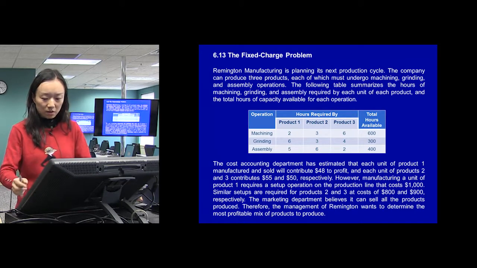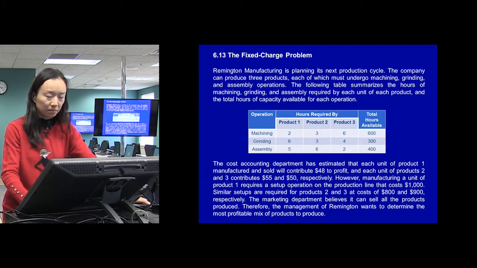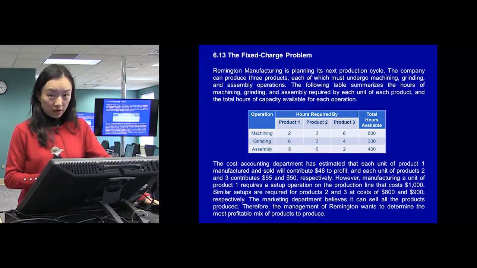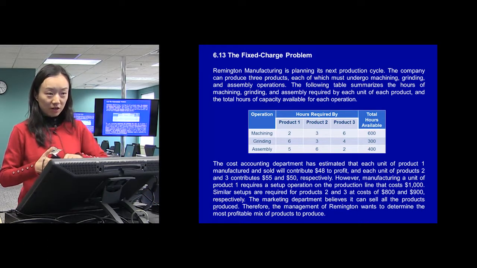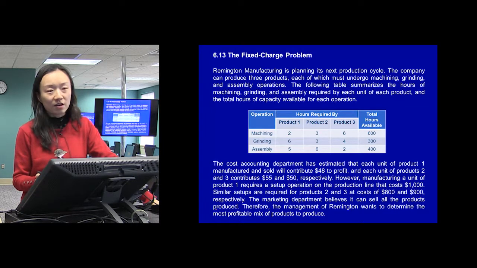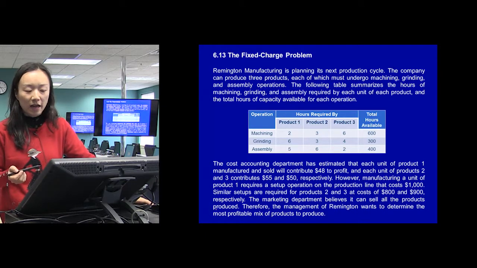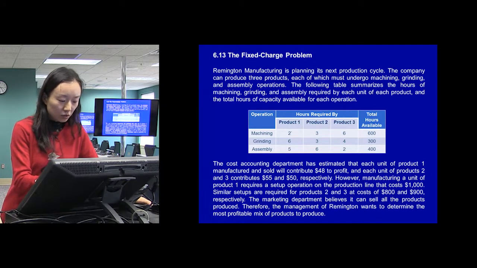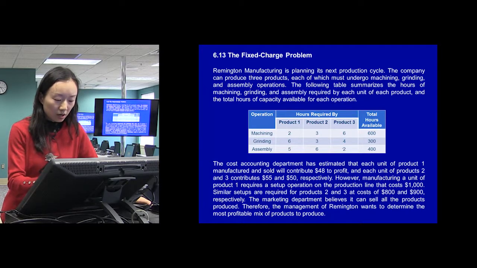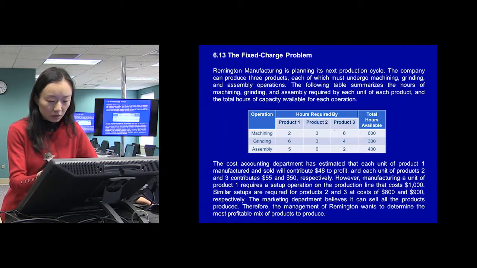For this problem, I'll ask you to read the problem statement very quickly, and then we'll talk about it together. Since I finished reading once, I believe you are finished. At first sight, this problem is not very different from the Blue Ridge Hub problem. Three different types of products are produced, and the hours required on these three different processes were given, along with the total hours available.